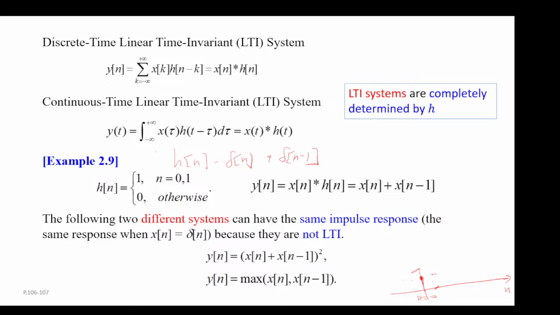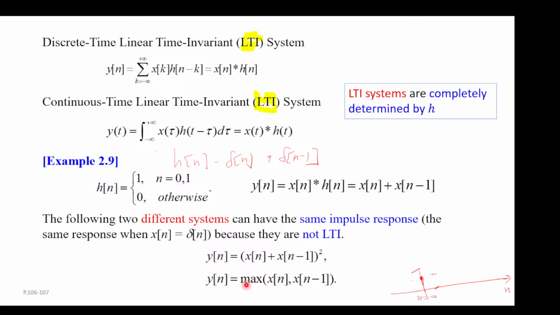Maybe the problem will tell you, or maybe you will design your system as LTI. It's important to have your system be LTI so you can apply the convolution to calculate your output from your input. Otherwise, in these two examples, you know how the system responds to the delta function, call it h here, but you don't know how it responds to all other functions.